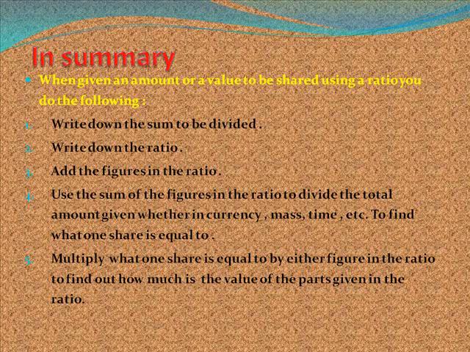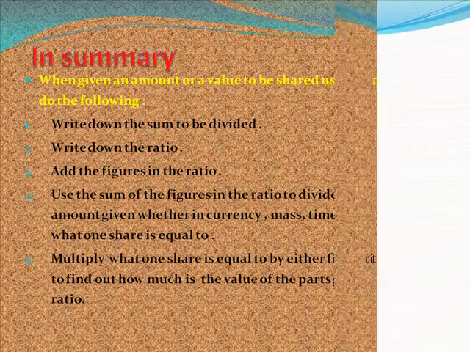And number 4, use the sum of the figures in the ratio to divide the total amount given, whether in currency, mass, time, etc., to find what one share is equal to. And lastly, multiply what one share is equal to by either figure in the ratio to find out the value of the parts given in the ratio.